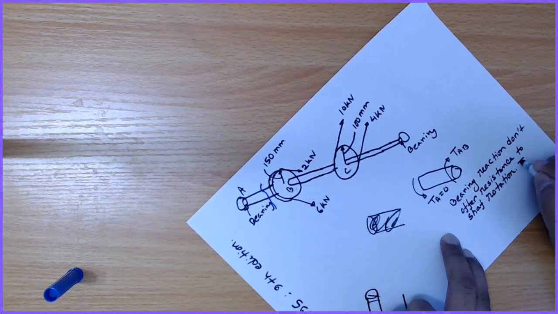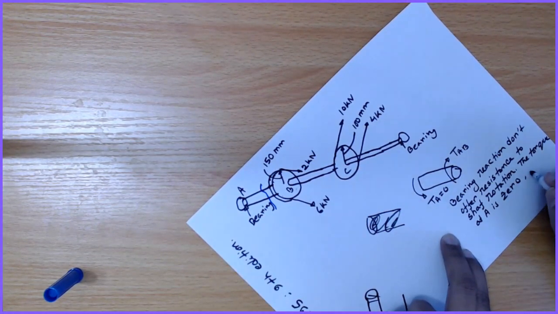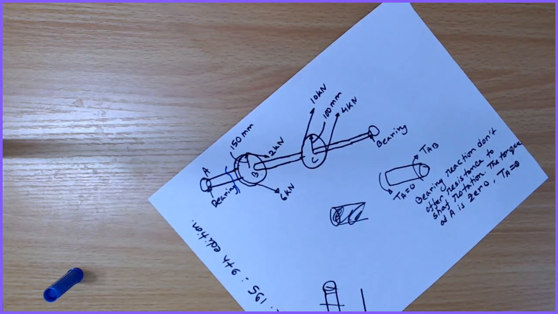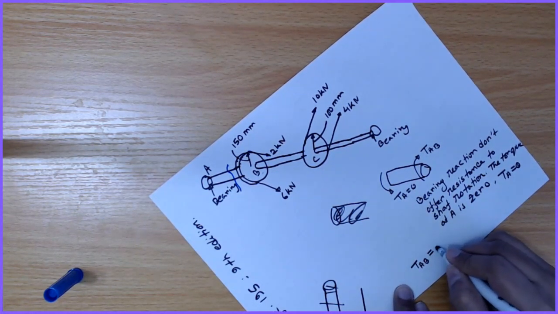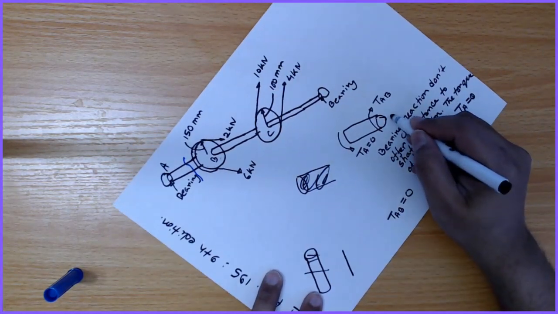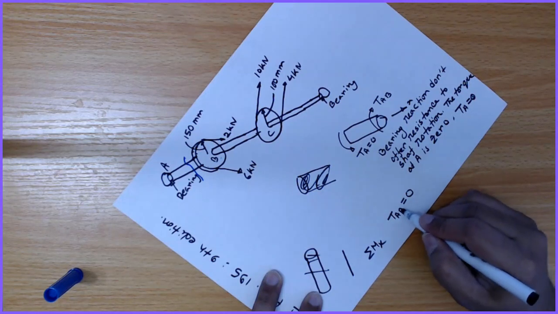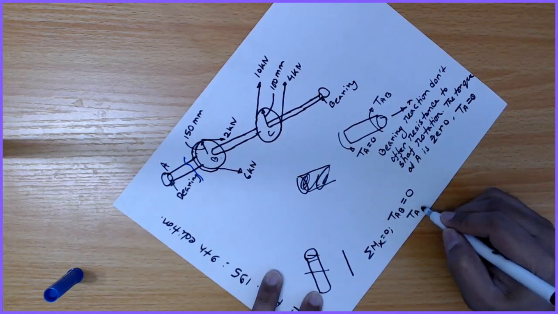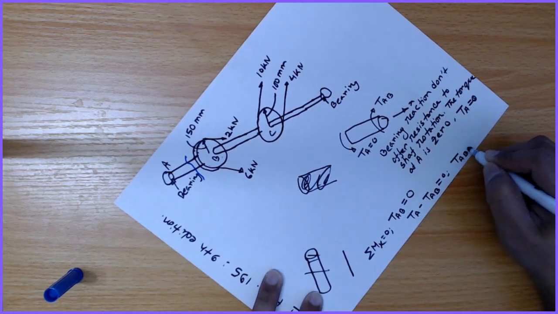That's why the torque at A is 0. So TAB is going to be 0. Here if this is my x and I take the summation of Mx, TA minus TAB equal to 0, so TAB is going to be 0.